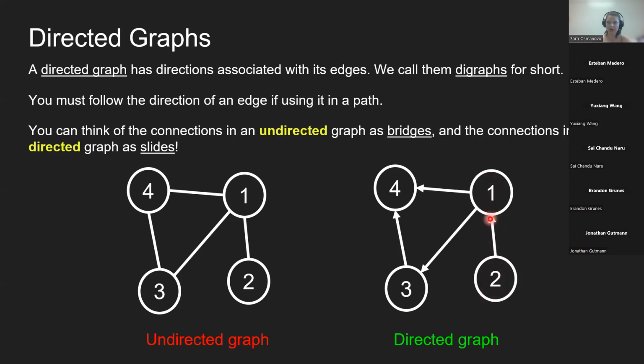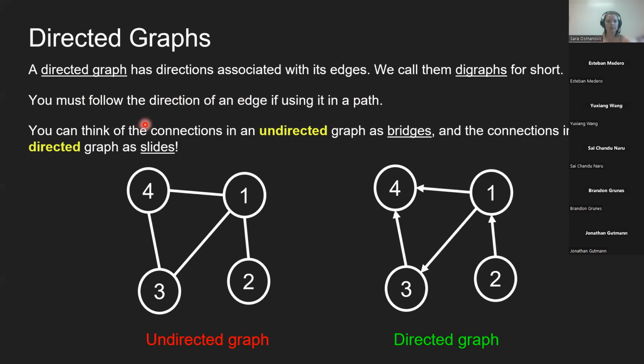And in general, when you think about graphs, think about maps, because that is usually how applications for maps are developed. Directed graphs are also called digraphs for short. If you want to create a path, you must follow the direction of the edges.